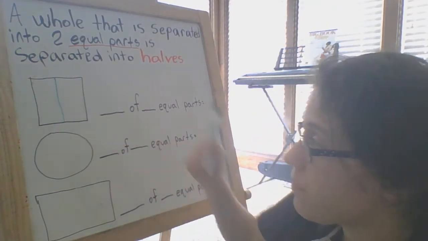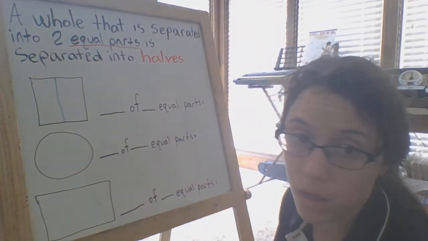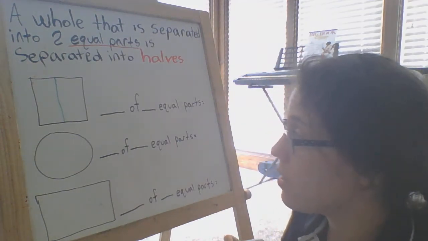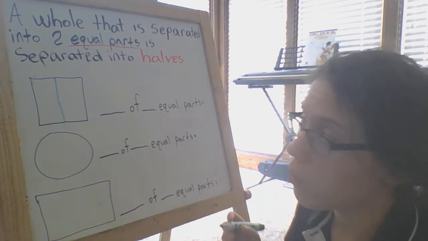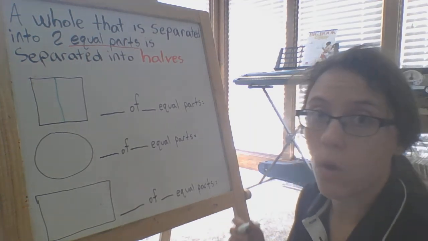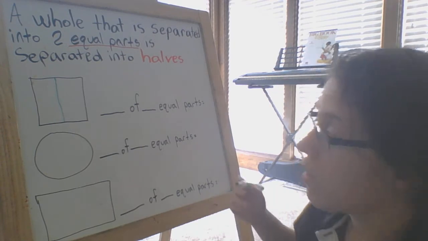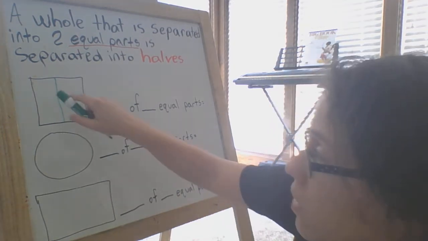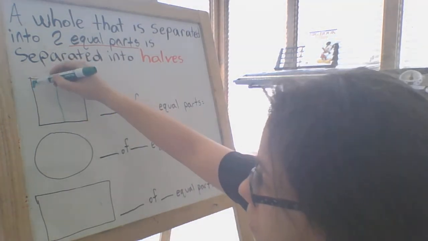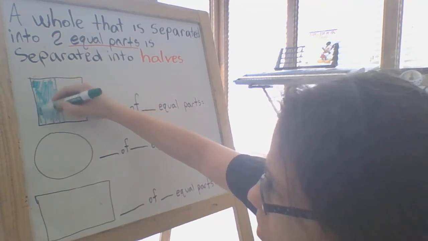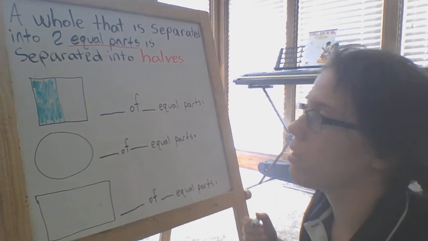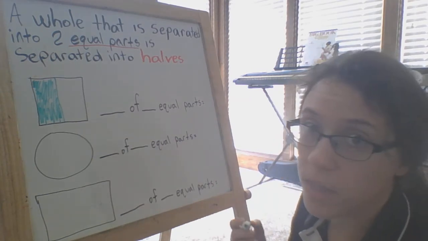That's an equal part. Now, what this means is that to make this read 1/2, we need to shade in one of those parts. So you can pick whatever part. You can pick this one or this one. I'm just going to go for this one. And of course, I'm not going to shade as neat as you could with a pencil because I don't want to waste marker ink. But now check out what this means.